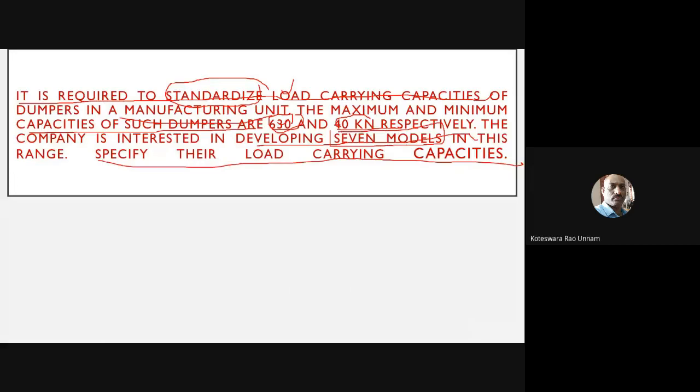Like I mentioned while discussing the basic series, for the R5 series there are only 5 models, for R10 there are 10, for R20 there are 20, and so on. But in this problem, the requirement is only 7 standard models. So this won't come under any one of those series. Therefore, a designer has to decide or set the required preferred numbers for this. That is the question here itself.